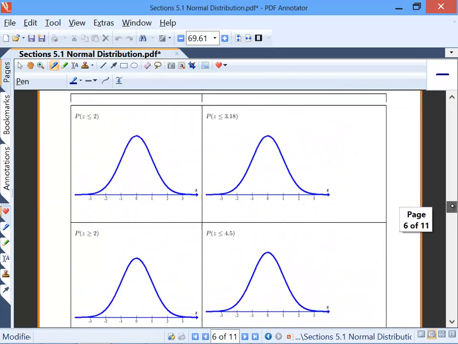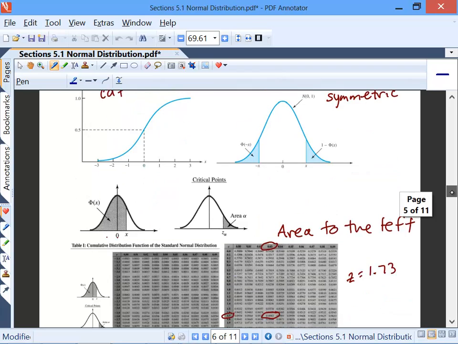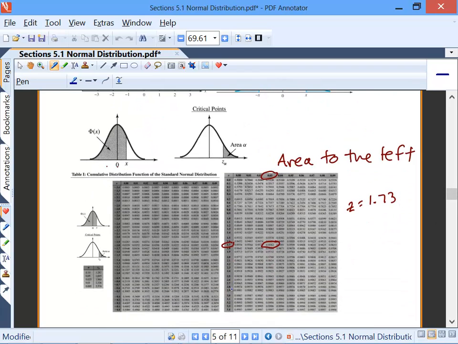Okay, so I want 3.18. So I go down the side to 3.1 and across to the 0.08. And that gives me 0.9993.